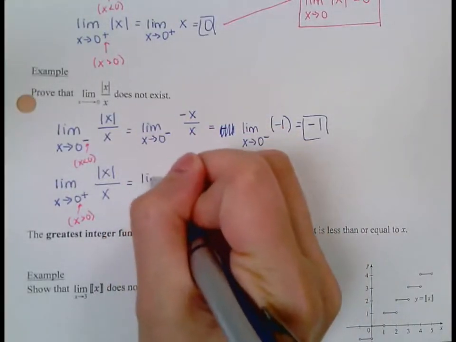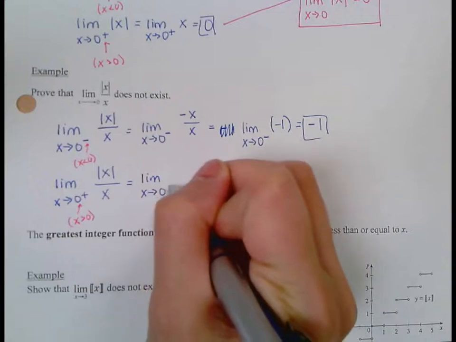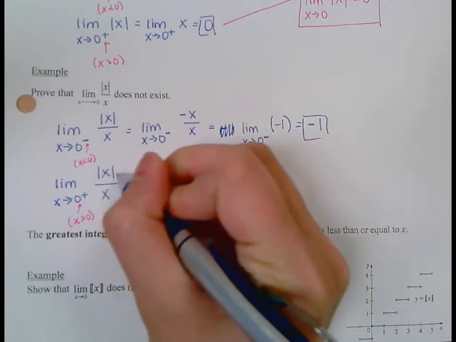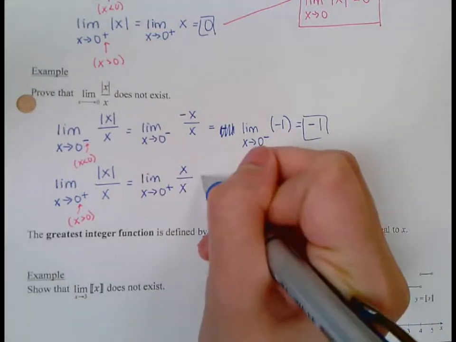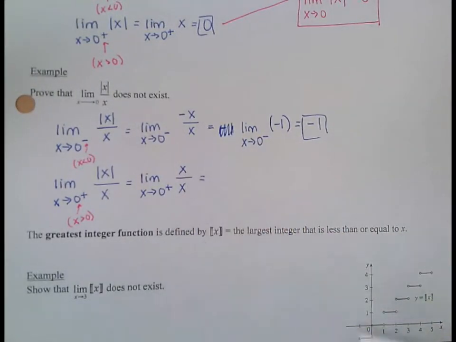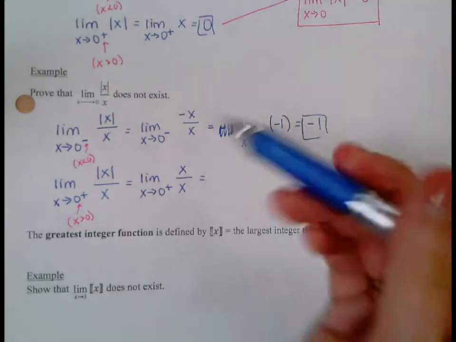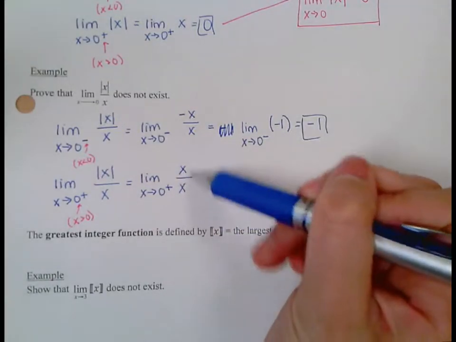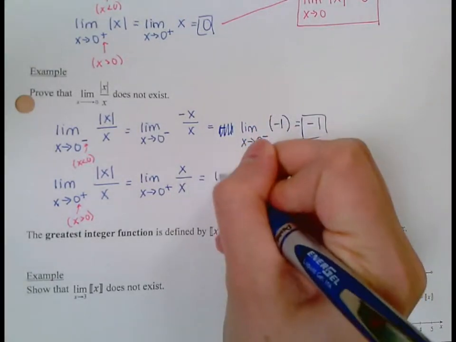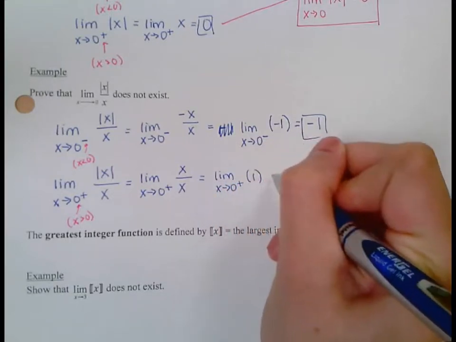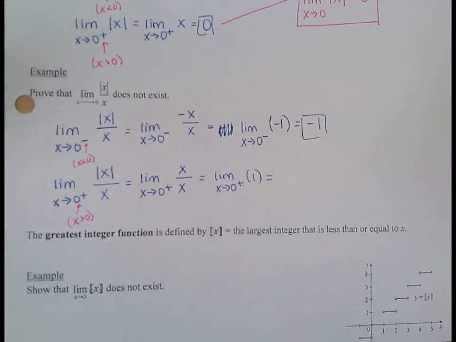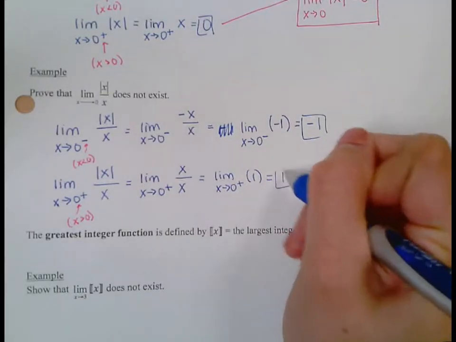So I have the limit as x approaches 0 from the right of x over x. And again, I don't just want to directly substitute 0. That's indeterminate, 0 over 0, but I can simplify this to just 1. So then I have the limit as x approaches 0 from the right of 1. The limit of a constant is itself, so this is equal to 1.